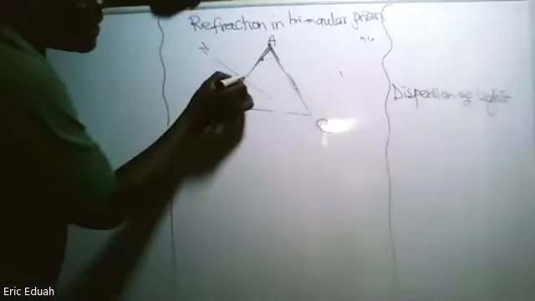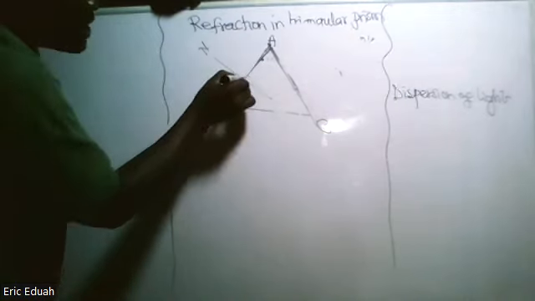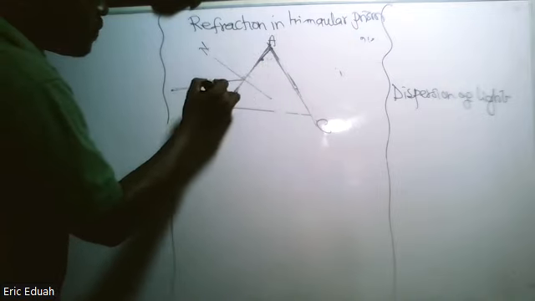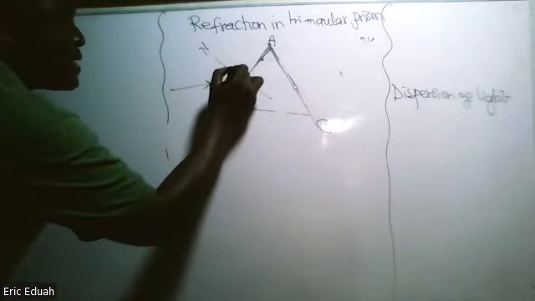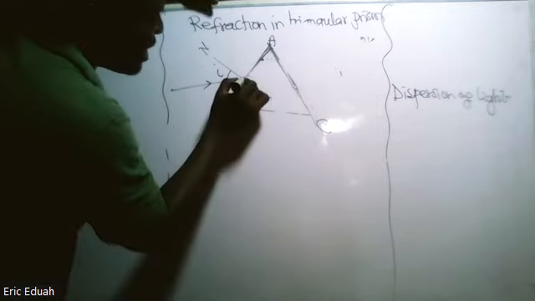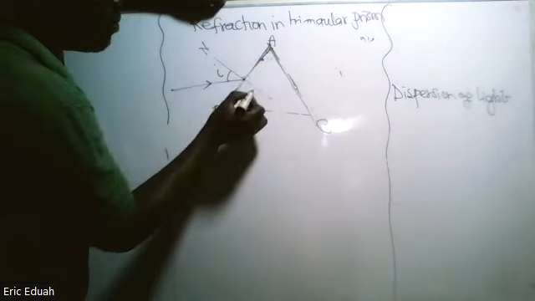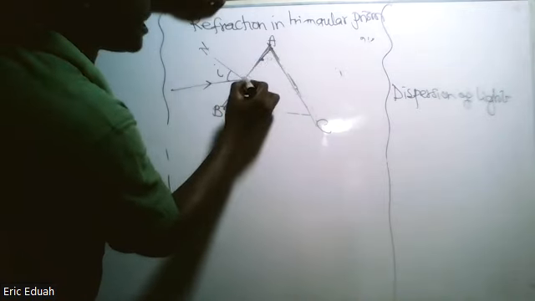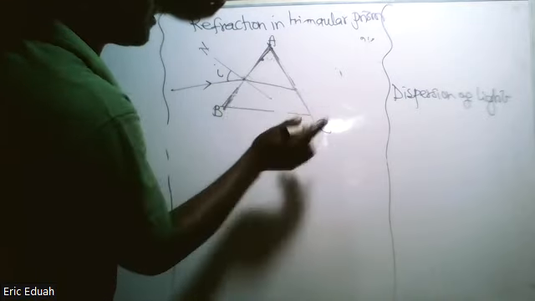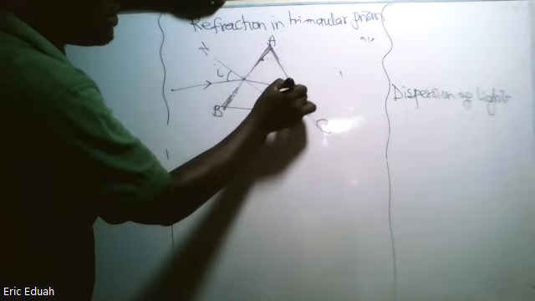So light is incident at one of the planes or refracting surfaces. Here is AB. This is the angle of incidence, i. When light is traveling from a less dense medium into a denser medium, it will be deviated towards the normal. When it gets to the other refracting surface, AC, it will be deviated again.